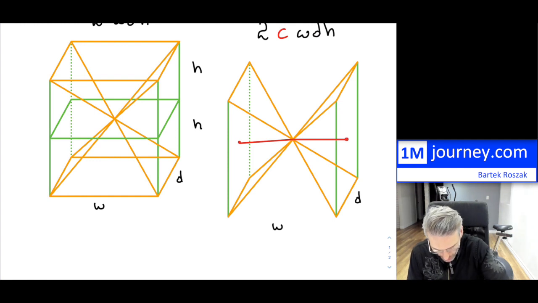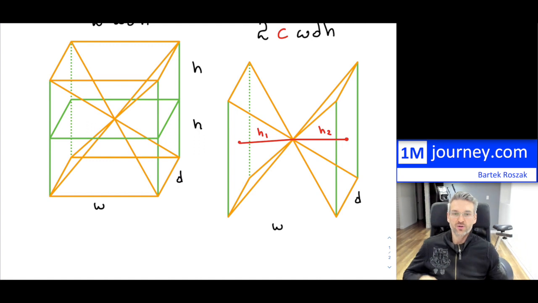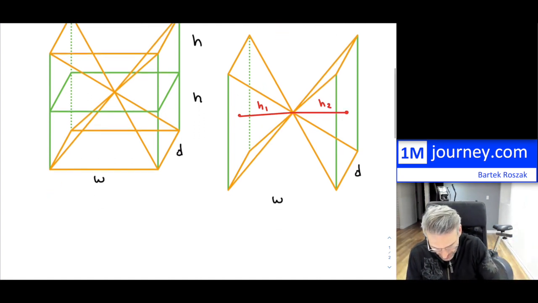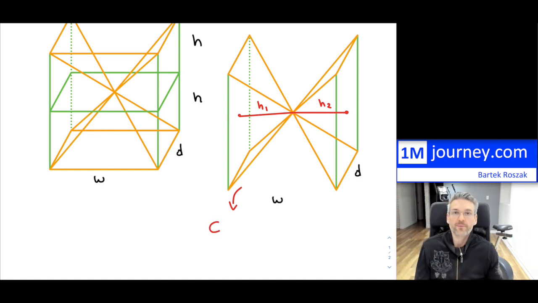So I'm going to call this one height 1, and this one height 2. And this left pyramid, this one right here, is going to have a volume equal to C, because I don't know if we really have a third of the full prism.